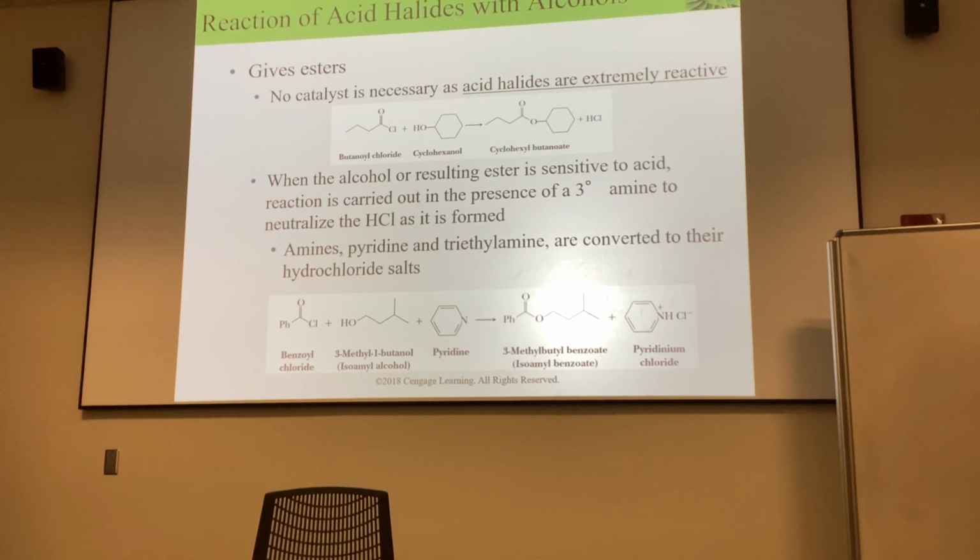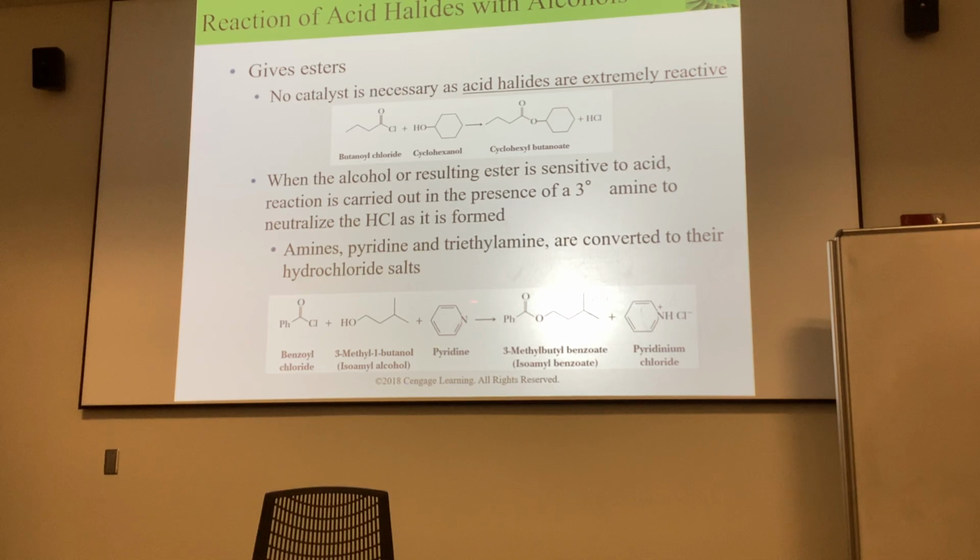So we actually do have HCl, not just deprotonated, not just separated. So we've got a nice strong acid. If our product is going to be sensitive to acid, then we are going to put something else in there to make it so that we don't end up forming a strong acid right next to the thing that is really sensitive and gets eaten up by acid. So we're going to put in a tertiary amine.